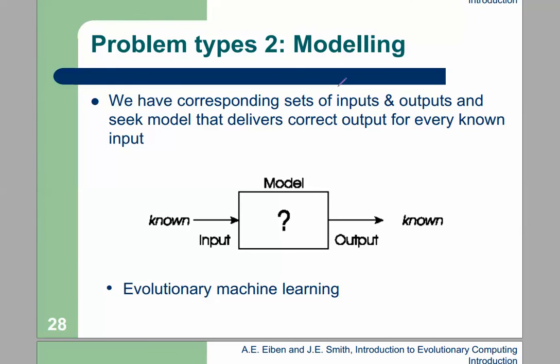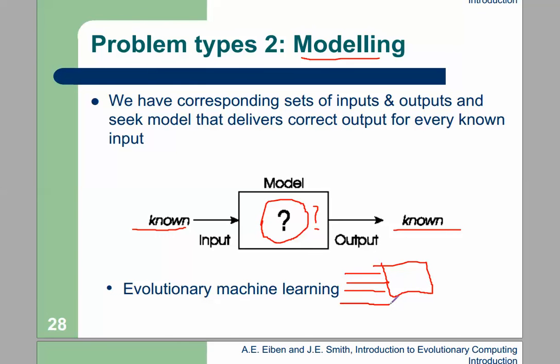Another problem is named modeling. Modeling refers to the problem where we know the input and we know the output, but we don't know the model. For example, we have an instrument that has some input and some output. We change the input and the output changes.